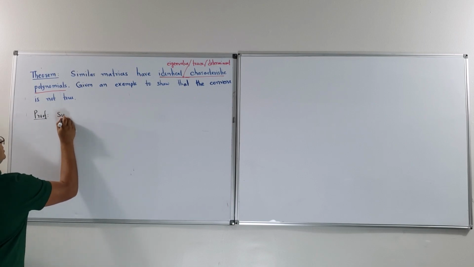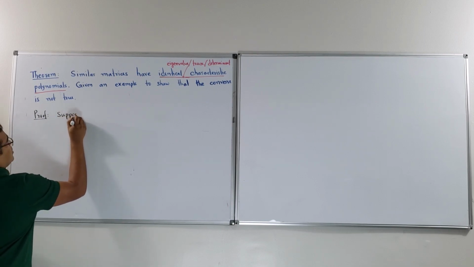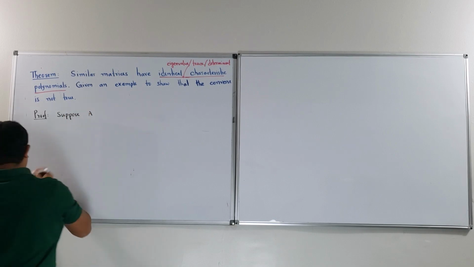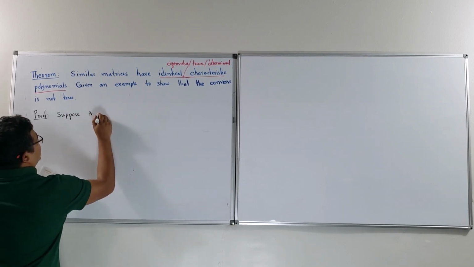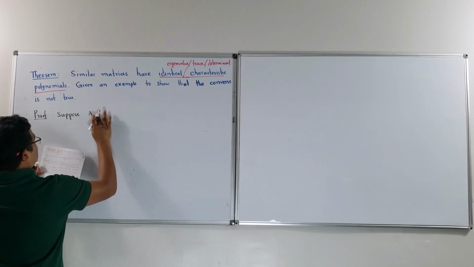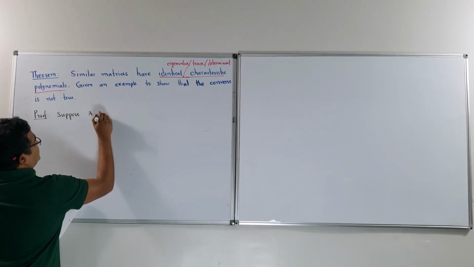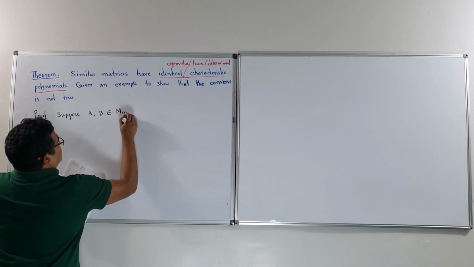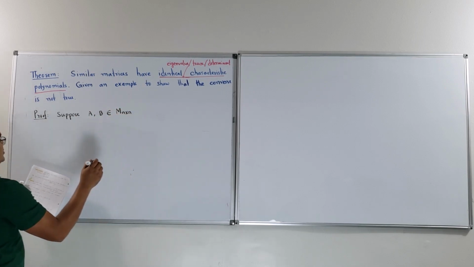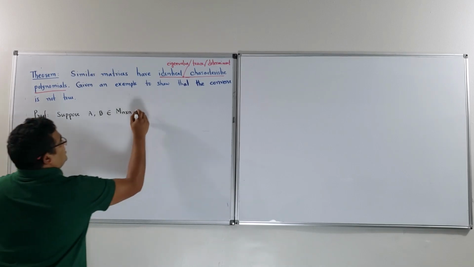Suppose A and B are two square matrices, n by n, and they are similar.